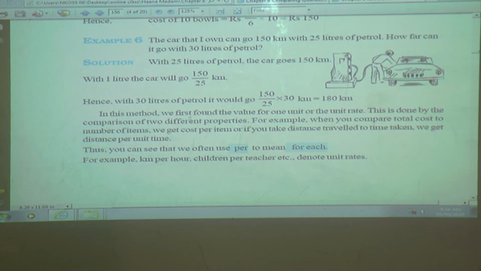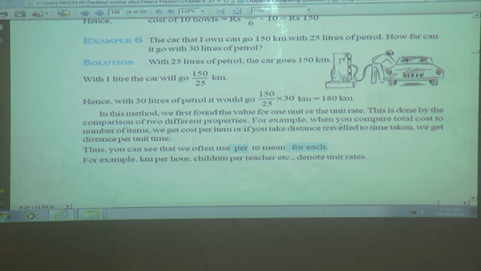In this method, we first found the value of 1 unit. Already I told you we are finding it with 1 liter of petrol. So that is the 1 unit or the unit rate. This is done by the comparison of two different properties.